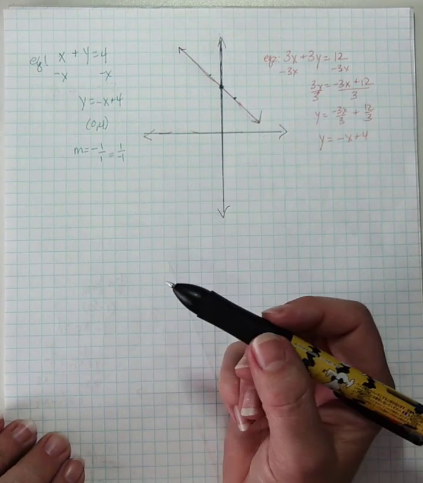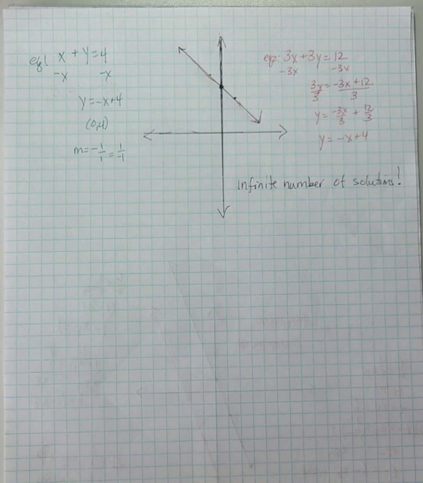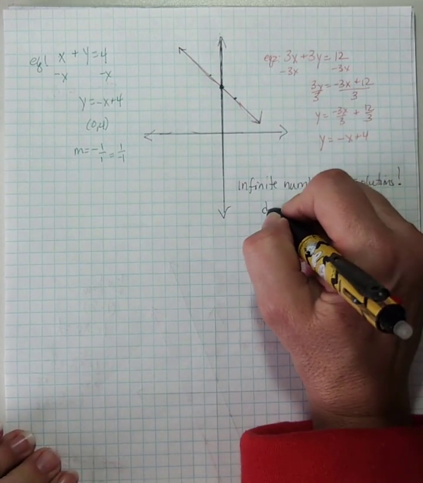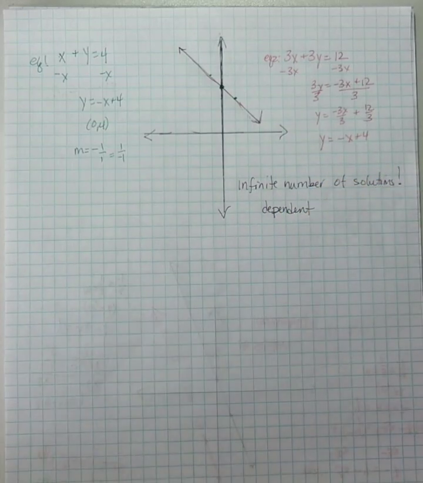So this is where we have an infinite number of solutions because they're the same line. So when there's an infinite number of solutions, we say the lines are dependent. The equations, the lines, are said to be dependent. So we have consistent if there's one solution, inconsistent if there's no solutions, in other words, parallel lines, and dependent if they're both the same line.